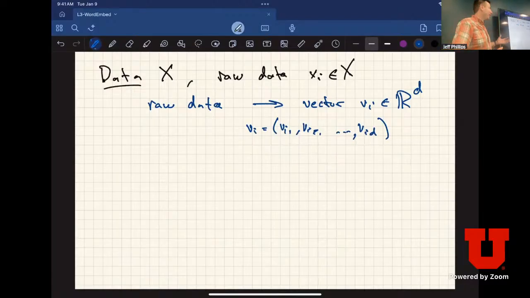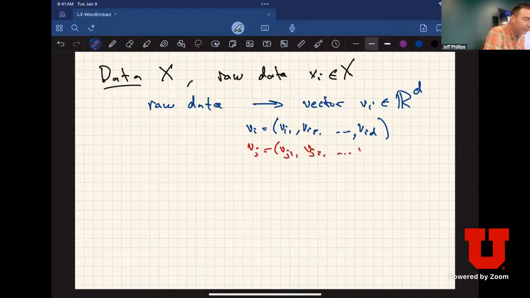If you're a computer scientist, the reason is if I have two vectors, v_j1, v_j2, up to v_jd, when I compare them, I'm going to be comparing them across the coordinates.